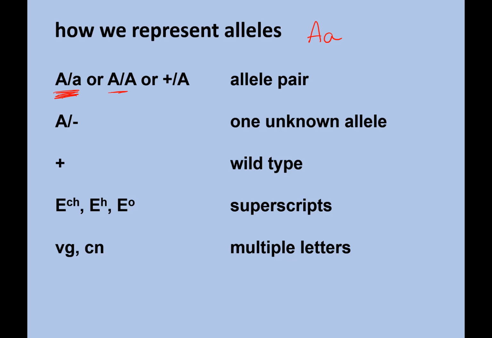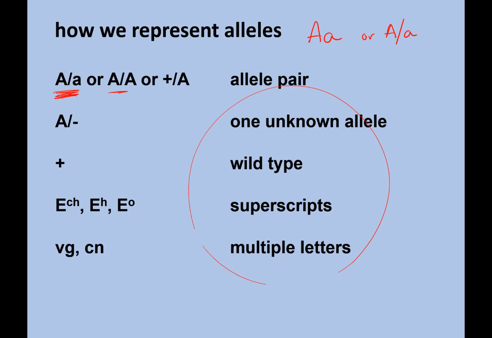And that little slash becomes important when you get to more complicated types of allele names. I will accept either way. You can write this as big A, little a, or big A slash little a, and I will know what you mean.